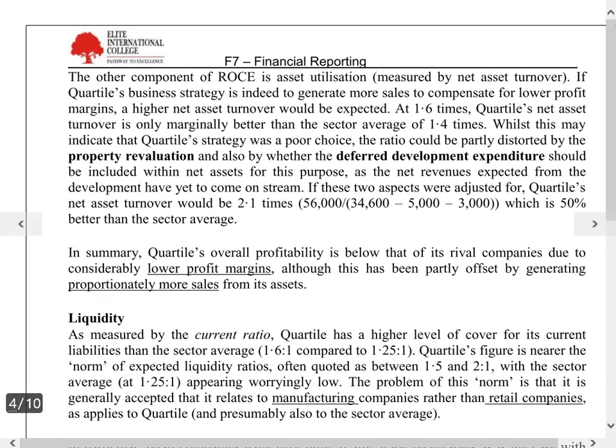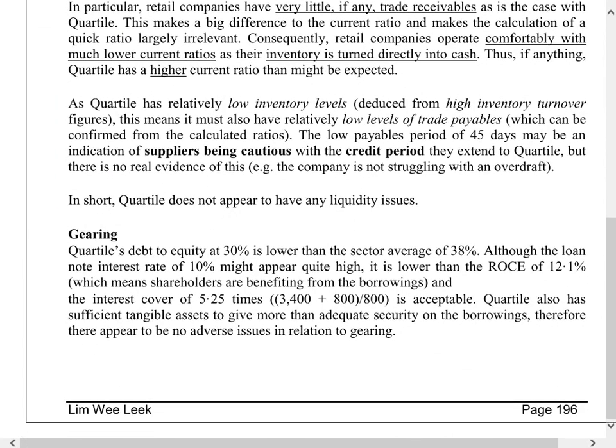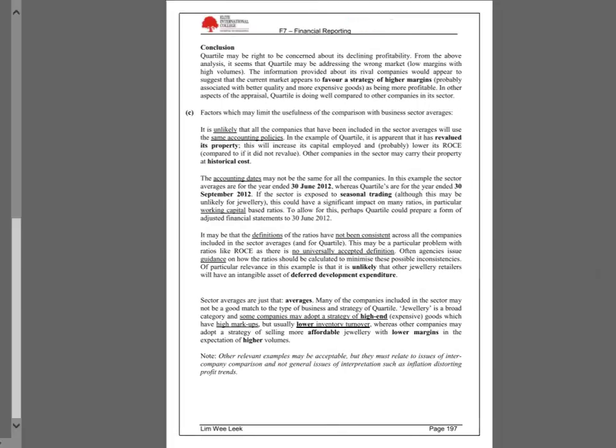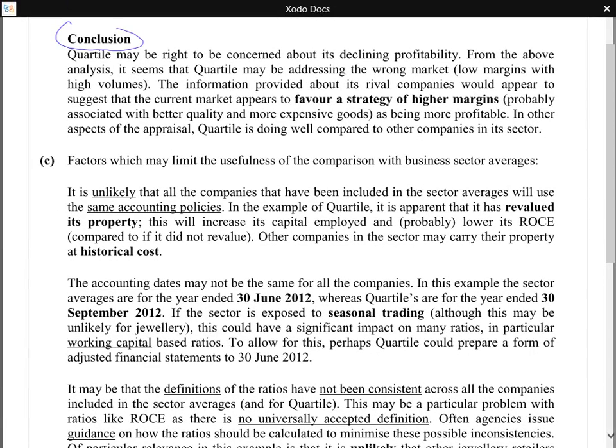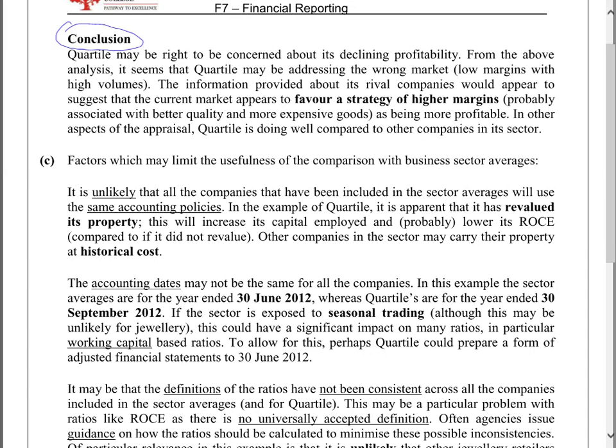Then after that will be the liquidity. Most of the marks will be from the profitability, definitely. And then we have gearing, and do not forget, when we comment and discuss, we must have a conclusion. 1 mark. So conclusion, good or bad, you just conclude lah.